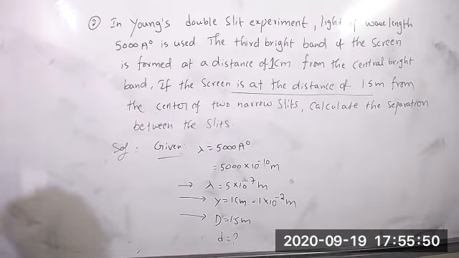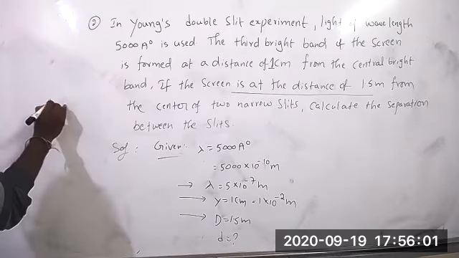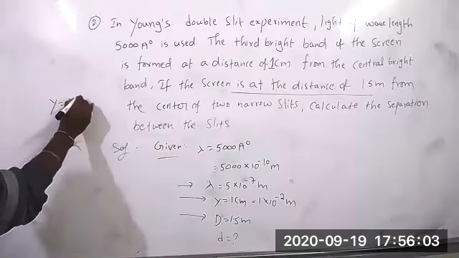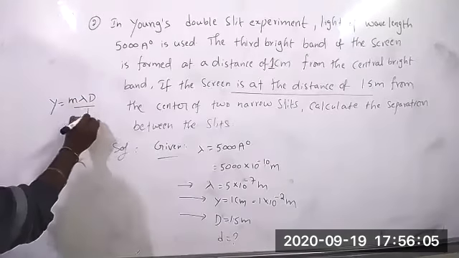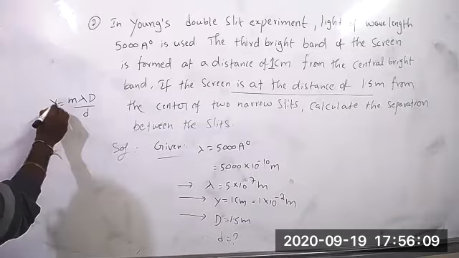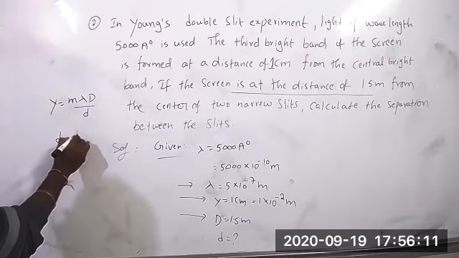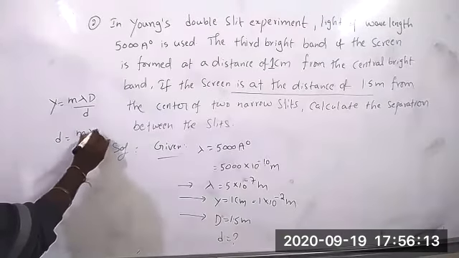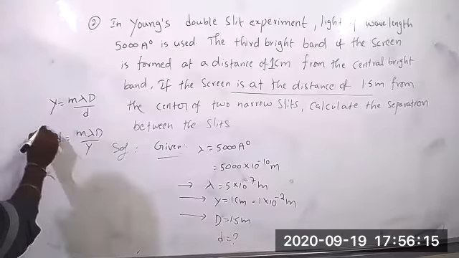See, if you just know the formulas, mostly you can get the answer in these questions. And a 5-mark question is guaranteed, I'm saying. y is equal to m-th bright fringe, m lambda D by d. So d is m lambda D by y, right?